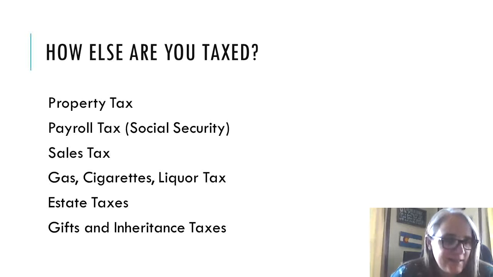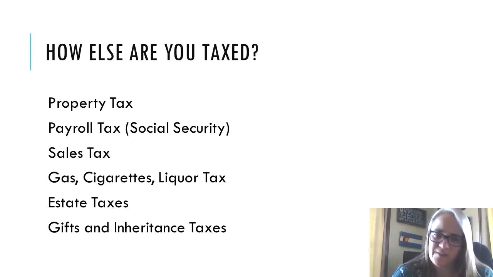Now, taxes are not a foreign topic, but oftentimes we as humans don't realize how many taxes we pay as we go about society. We just talked about income taxes, but there are also times when people pay property taxes. You saw in the W-2 how we pay a payroll tax, which is also called Social Security. In stores, you pay a sales tax.